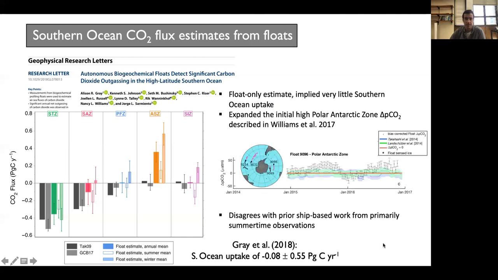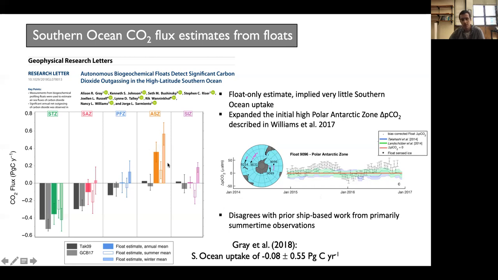Now this extended some earlier work by Nancy Williams in 2017 from looking at a few individual floats when she was first describing how to calculate pCO2 from float pH and alkalinity MLRs. And this is showing float 9096, which we'll see again a bit later, that had this very high delta pCO2 in the wintertime that was significantly above the earlier Takahashi estimates or Landschützer neural network estimates.